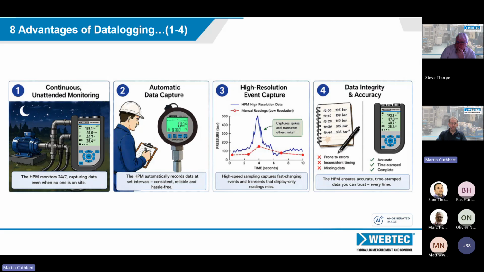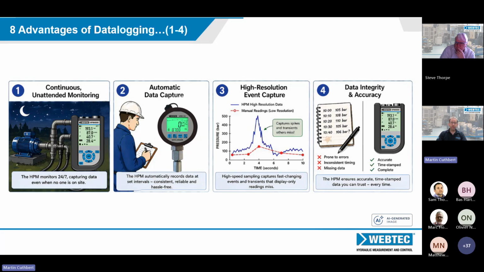And that moves you neatly onto the second advantage, you can automatically capture data. You could put triggers or alarms on there that then start data logging when it sees something happen. And that gives you the opportunity to see fast transient spikes, little pressure spikes going on in the circuit, which may be invisible to you.